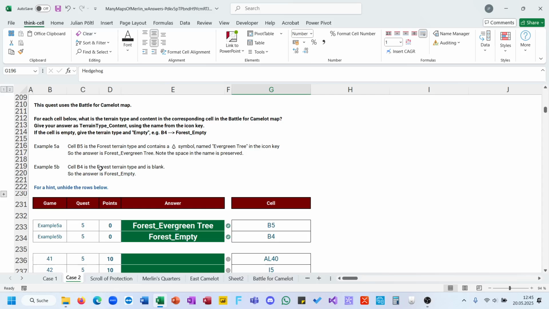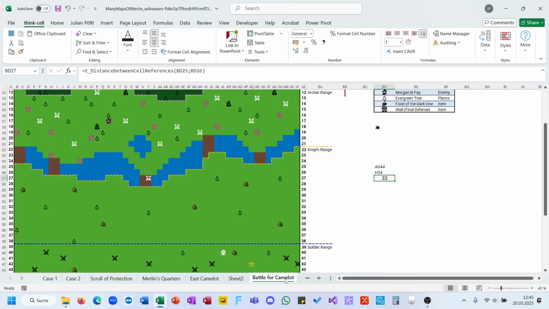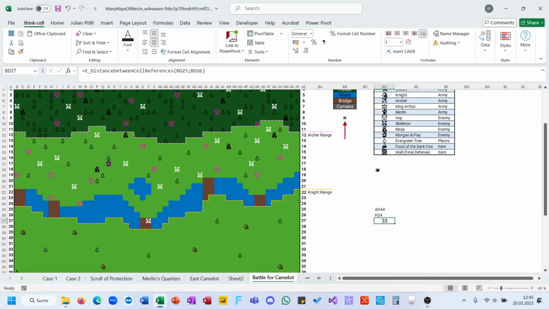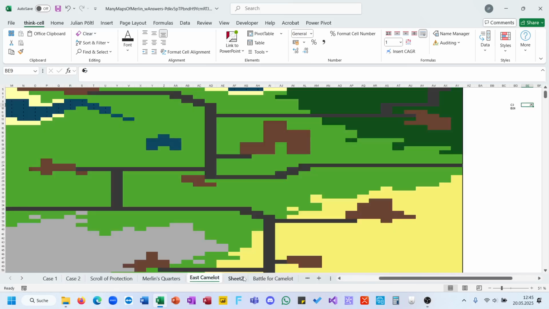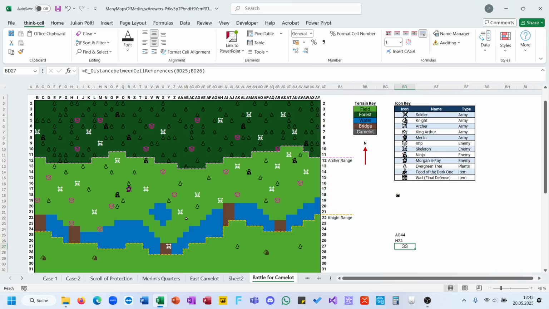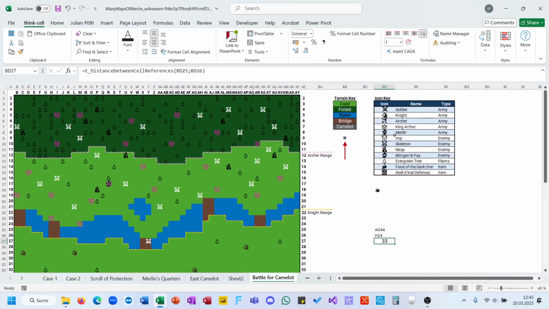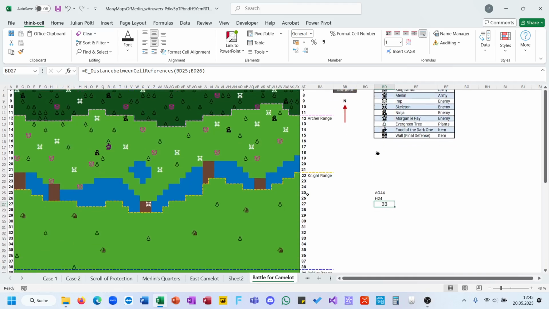Okay, for each cell below, what is the terrain type and content and the corresponding cell in the Battle for Camelot map. Okay, so B5. It's the terrain type. And then, okay, I like this.